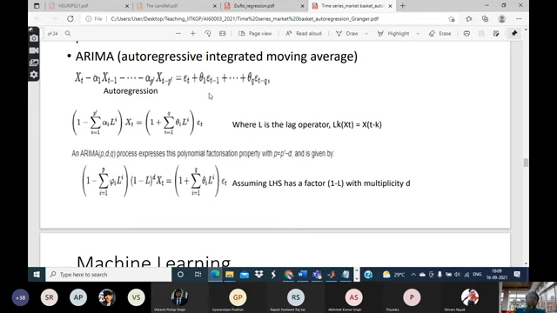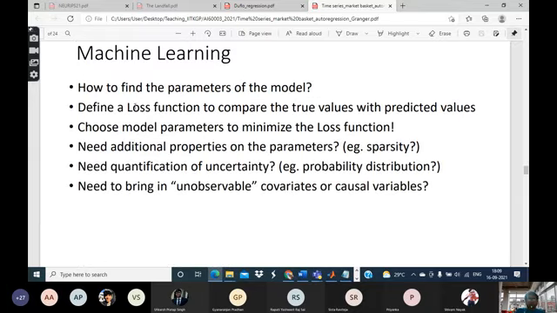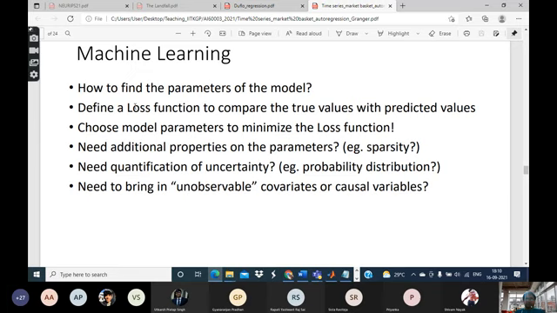Suppose I want to bring in some other covariates which influence these xt, then how do we take care of those? So these are some of the questions. If we want to answer them, then we may need machine learning. That's what we will study in tomorrow's class when we study regression and regularized regression.